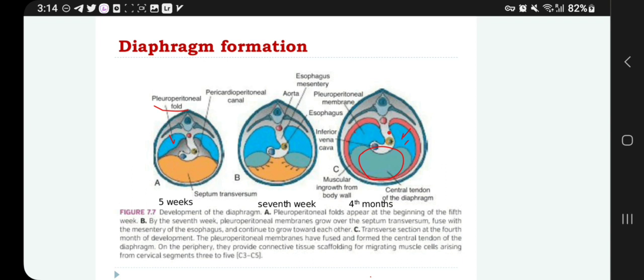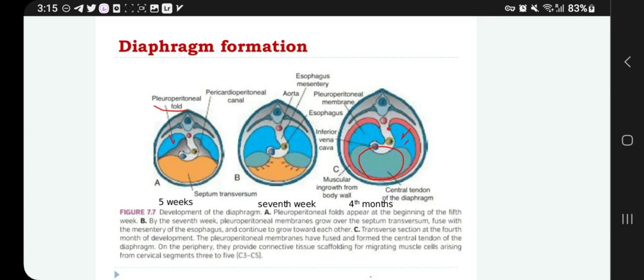The mesentery of the esophagus makes the crura of the diaphragm.